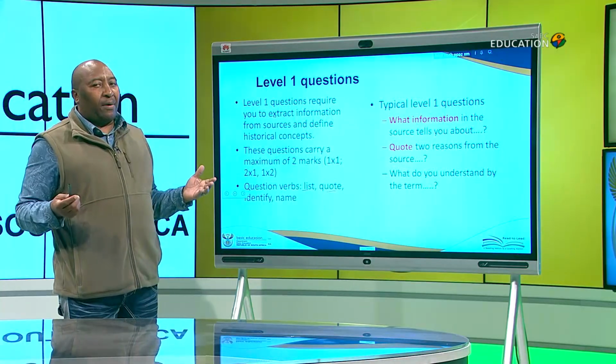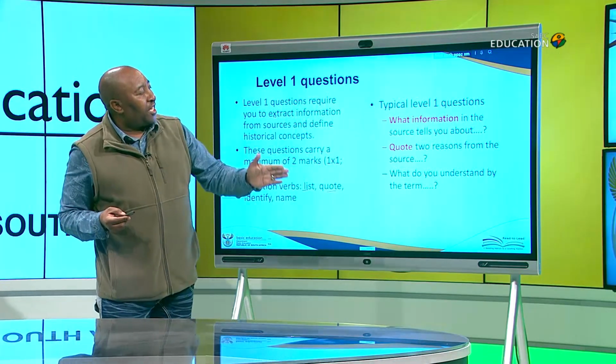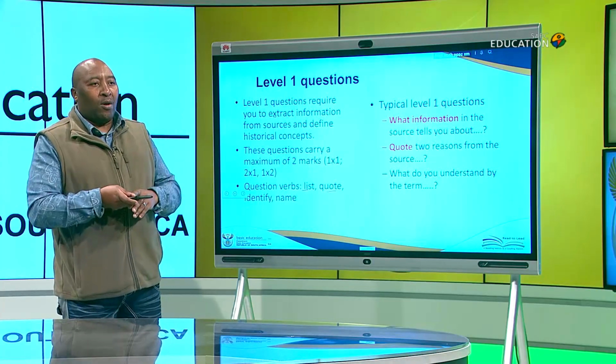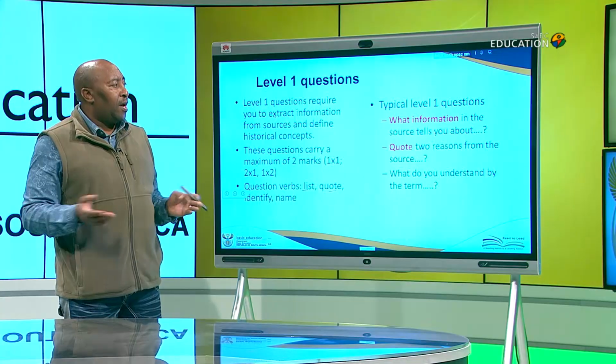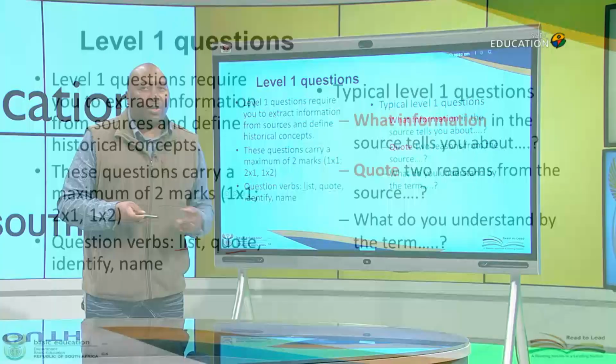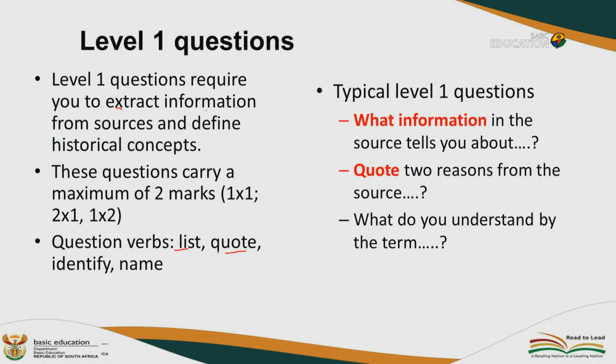The question may be, what information in the source tells you about the philosophy of Black consciousness, for an example? A question may say, quote 2 reasons from the source to prove that the Black consciousness influenced the 1976 riots.